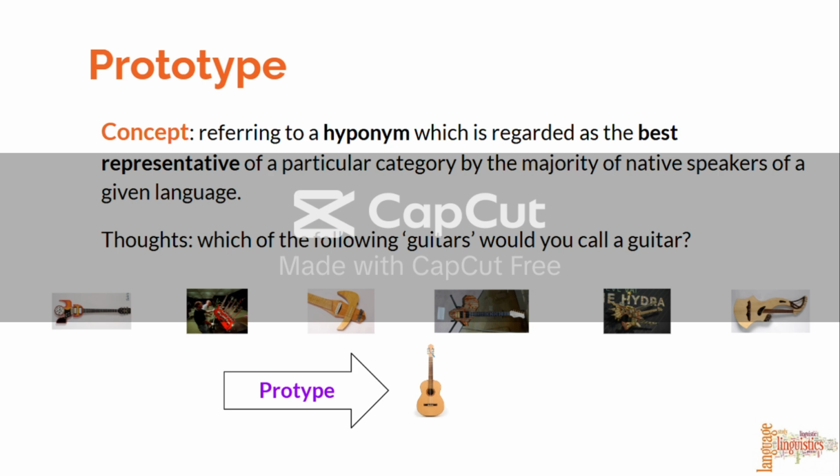So to better understand the concept of prototype, let's look at those pictures of the concept of guitar. By looking at those pictures, which guitar would you think is the best representative of what a traditional guitar looks like?